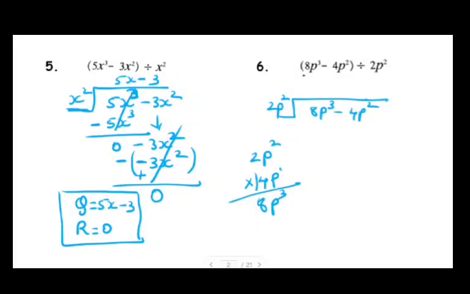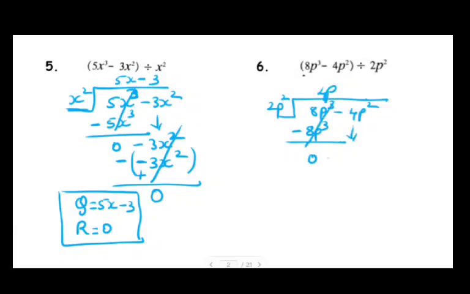So I have multiplied my 2p square with 4p. Gives me 8p cube, minus, for the division, eliminated 0. Bring this down.